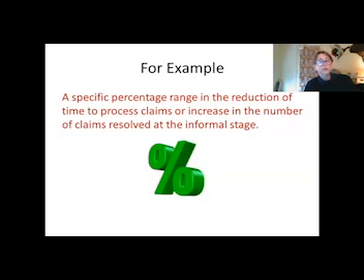So you would look at what is the average time for claims in the traditional EEO process, and what is the average time for claims in the pilot. And it doesn't have to be an exact percentage. We're not looking for, we want to see a 3.56% reduction. It can be a 10 to 15% reduction. We've also had pilots where their goal is not to see that right off the bat, like the very first quarter or very first 6 months of the pilot.